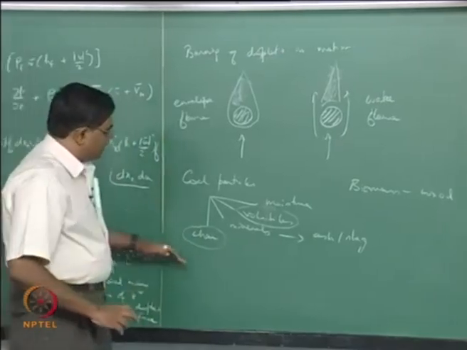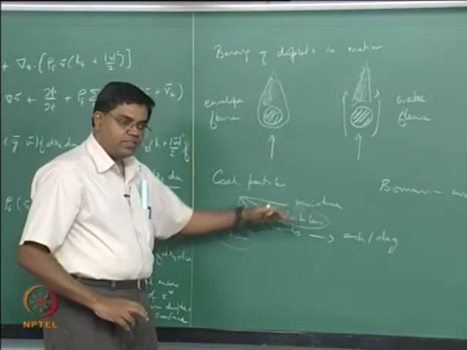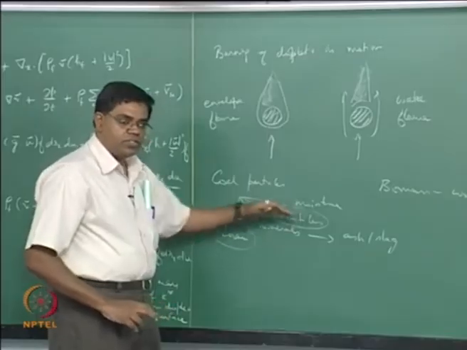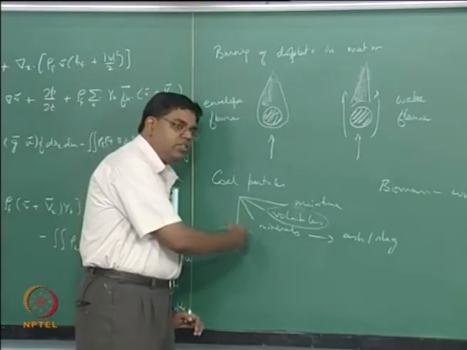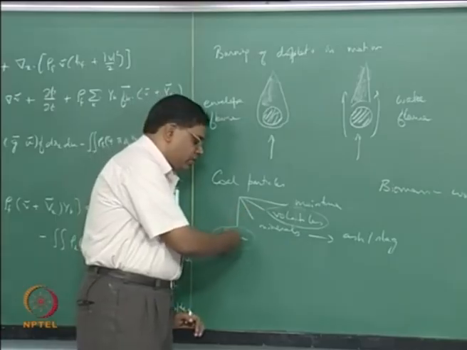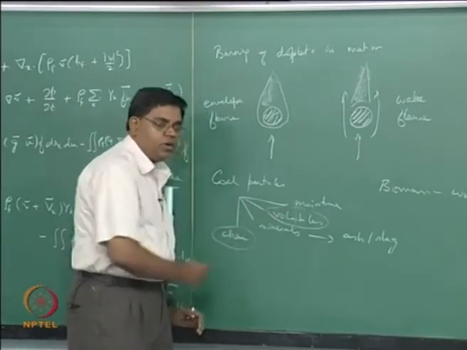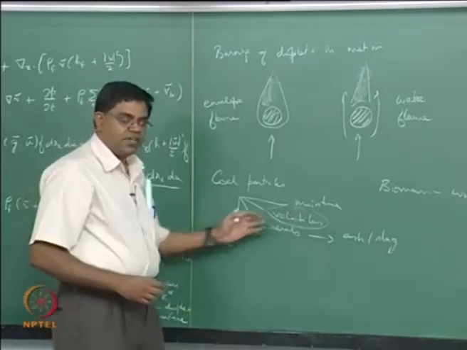Doing this kind of thing is what's called a proximate analysis, trying to find out the different percentages of these different things, and then in turn you also have to find out the elemental composition of the energy containing constituents, and that is what is called the ultimate analysis.